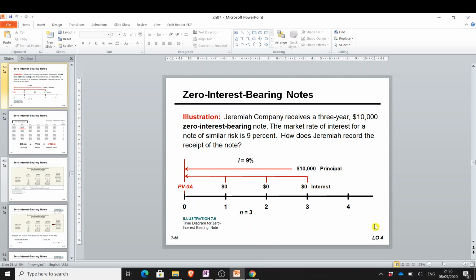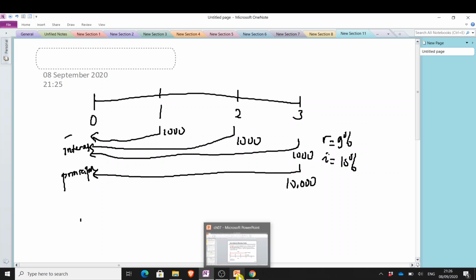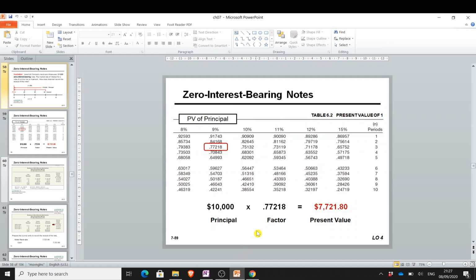So the company received a 3-year note, and the market rate R is 9%. So 9% is different, while the interest rate is 10%. The market rate and the interest rate, or coupon rate, are different.